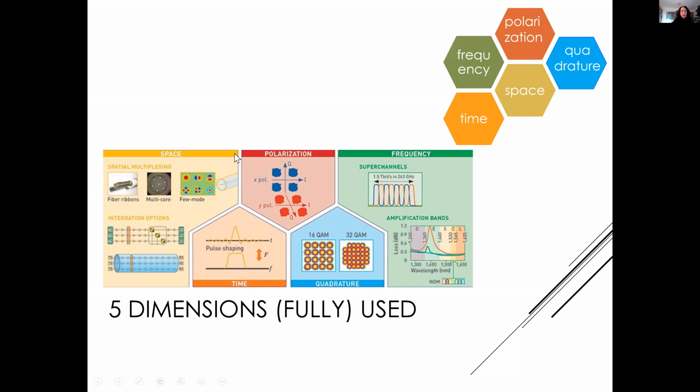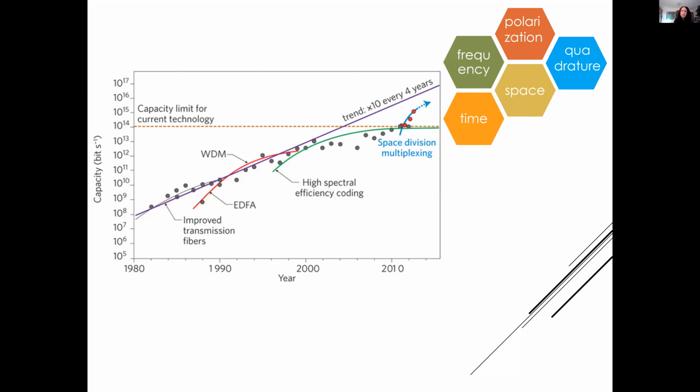The domains are only 5, but they are almost fully used. So what you can do now, basically the idea, the trend is shown here. Every time we use more of the wavelengths, this is the time domain, this is the wavelength domain.